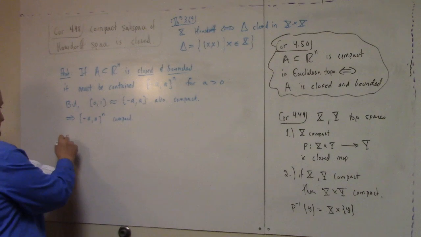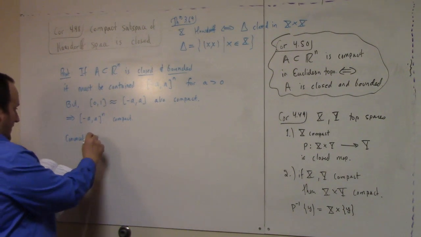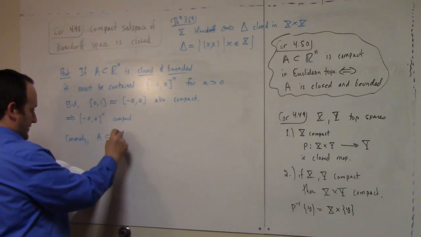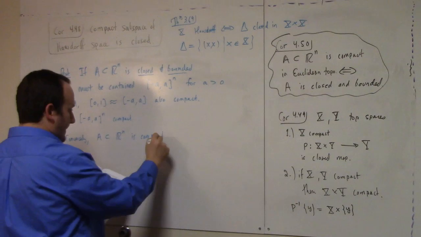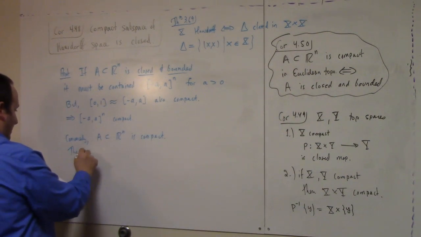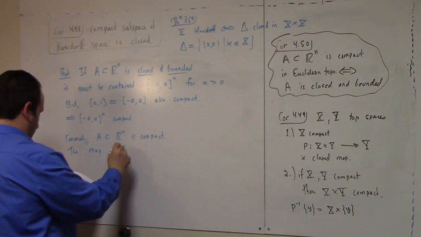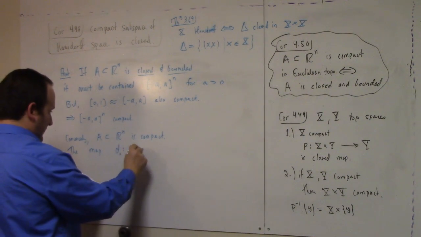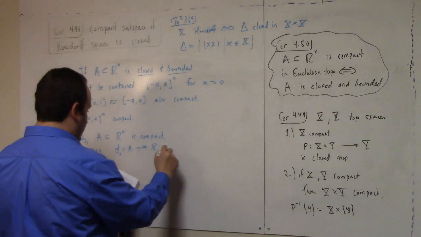Conversely, if a subset of Rn is compact, then what? You can look at the map. What map are we going to look at? The map D0, which is a mapping from A to the reals, defined by how?